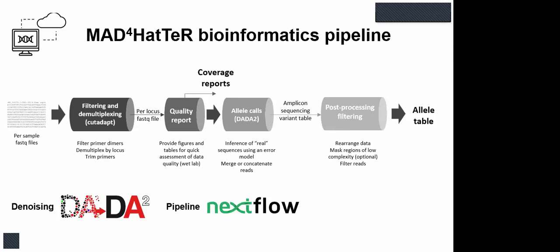So we put everything together in the Nextflow language, and then afterwards we containerize the pipeline in 3 versions. Someone can use a version which is containerized in Apptainer, another person can use a version which is containerized in Docker, and also we have a version which is containerized in Conda.